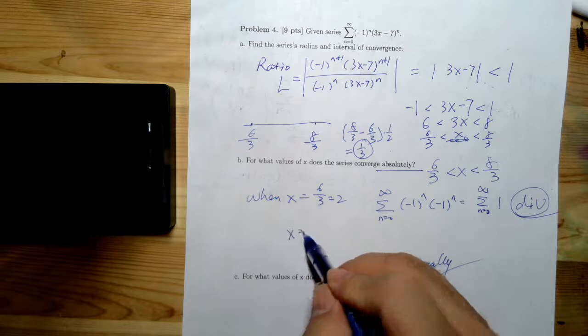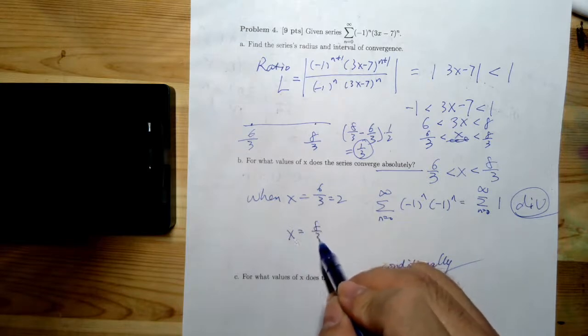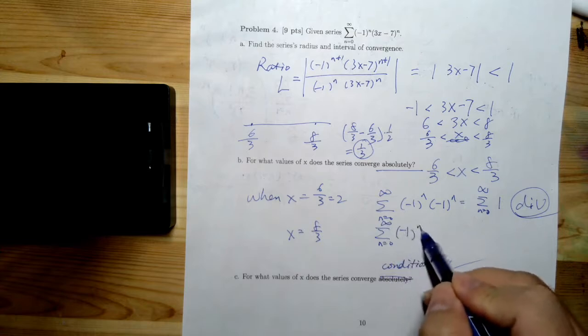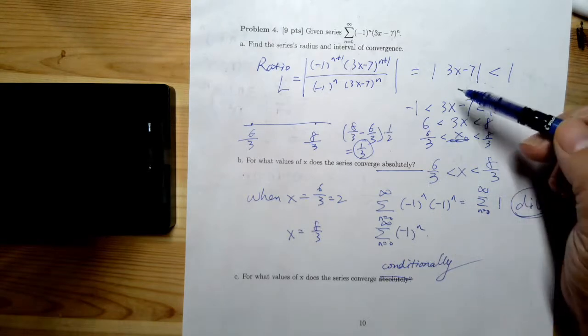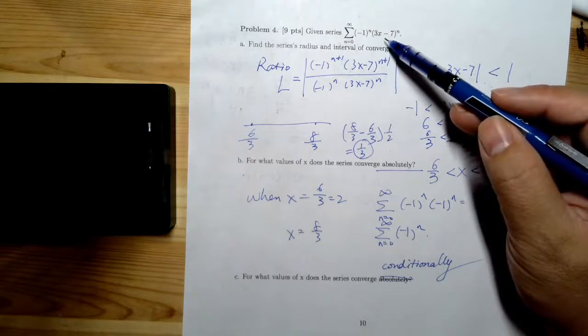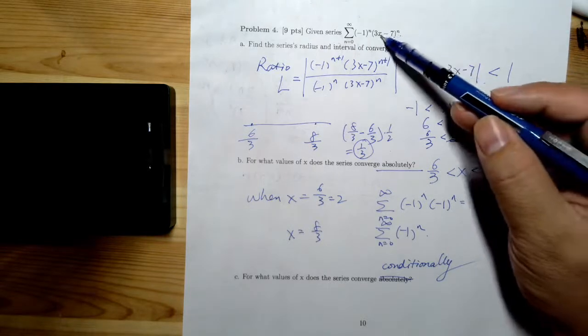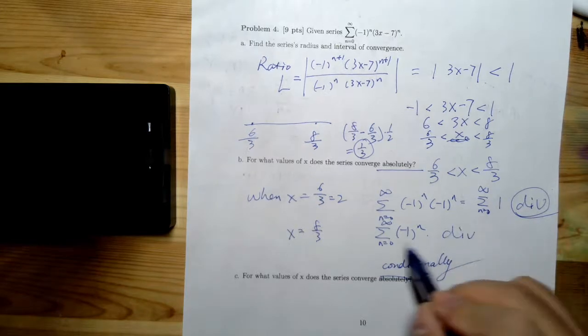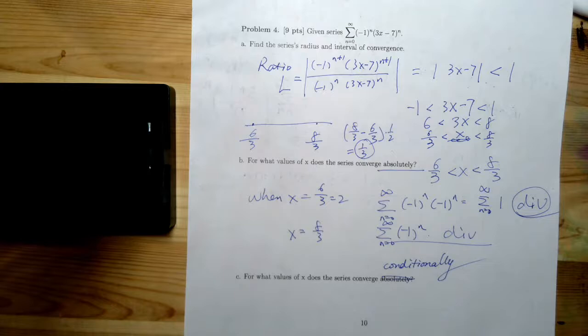When x equals 8 over 3, that series becomes negative 1 to the power n times, if you plug in 8 over 3, it's going to give you 8 minus 7, so that's 1. So this series also diverges, okay, diverges. That means what?